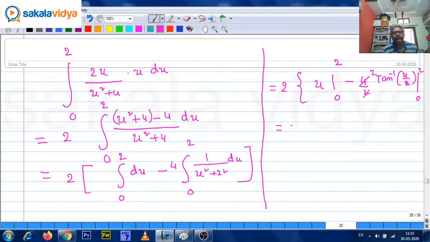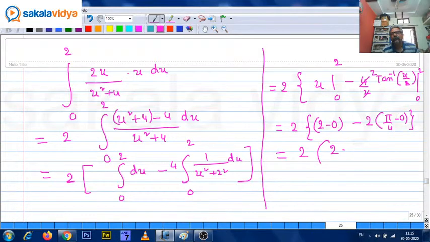So 2 times (2 minus 0) minus 2 times tan inverse 1, which is pi by 4, minus 0. This will be 2 times (2 minus pi by 2).